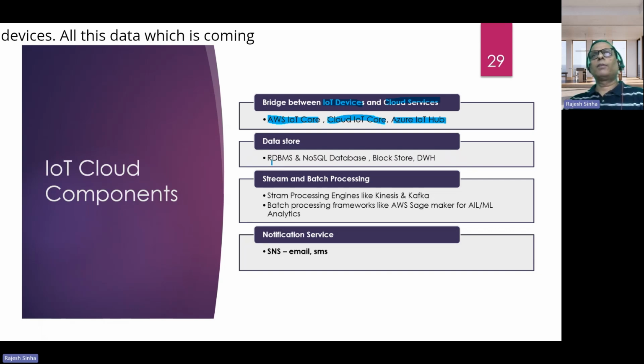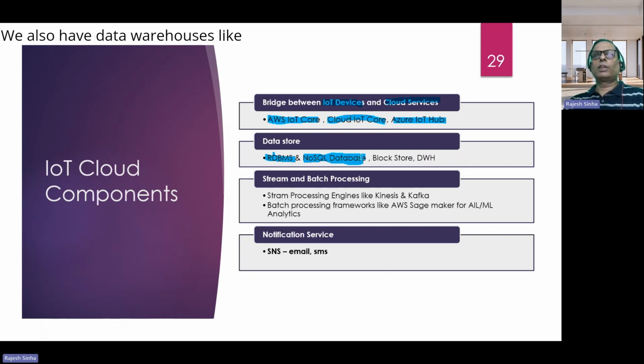All this data coming from so many sensors, so many IoT devices, can be inserted very easily into the backend system. And most of the time, NoSQL databases are used, although you can use RDBMS depending upon the case, but the majority of the time, NoSQL databases are used to store the data coming from IoT devices.